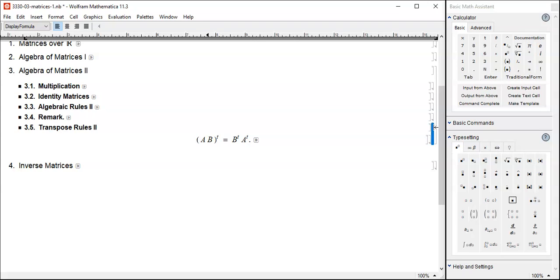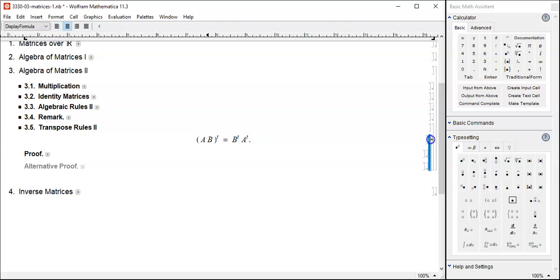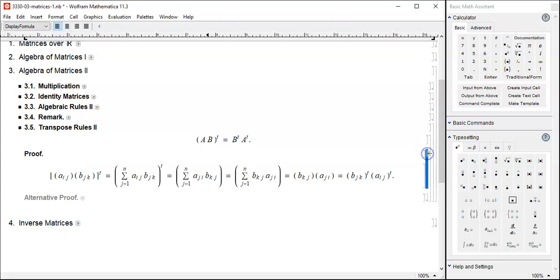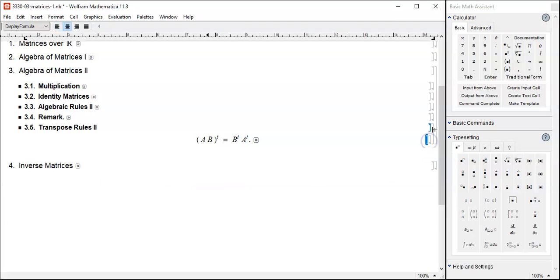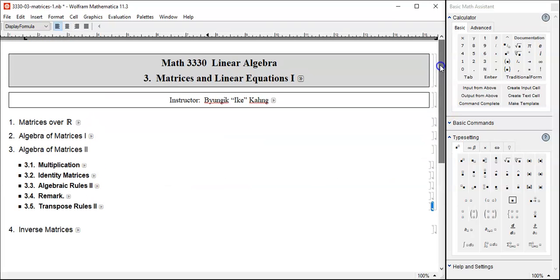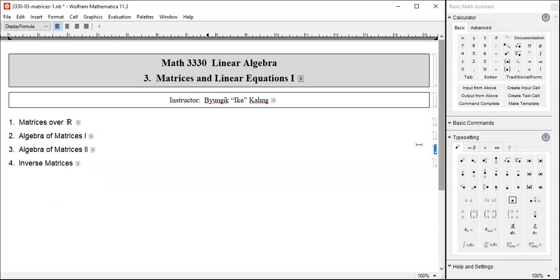AB transpose is B transpose times A transpose. How do we prove it? Okay, that's a long story, and I think I posted the proof here, but it's a little bit hard to follow. Let's meet again in an optional video to discuss these proofs.